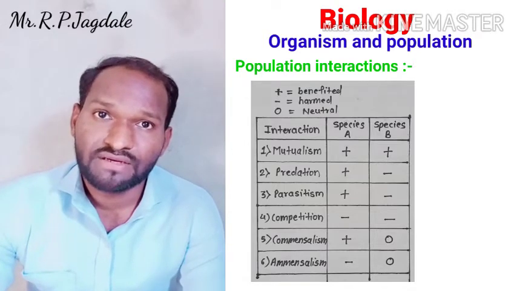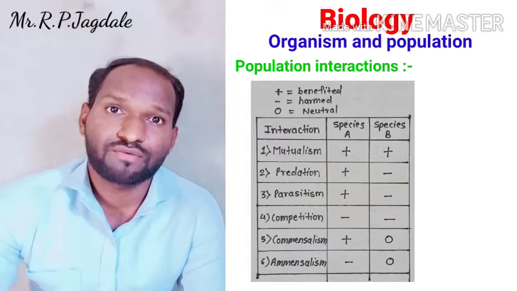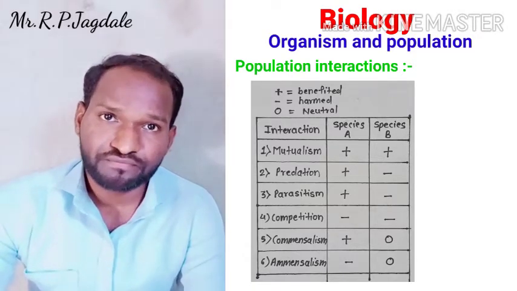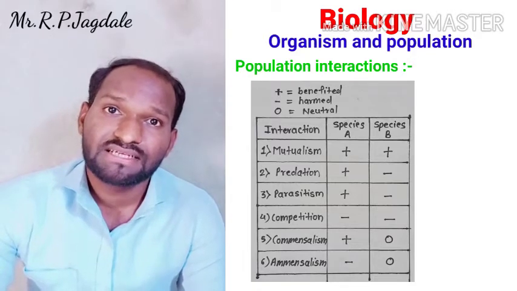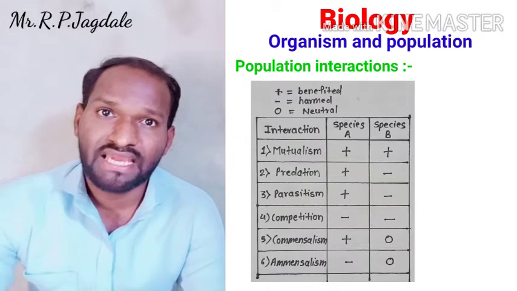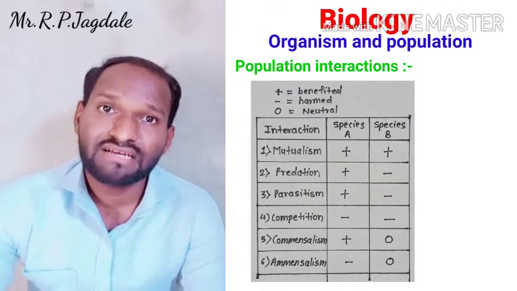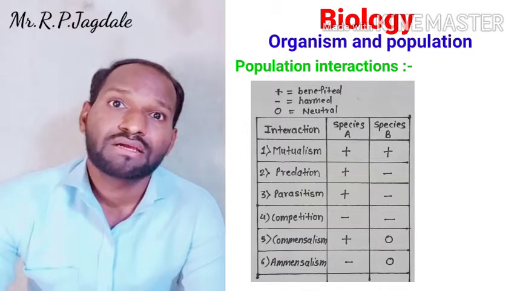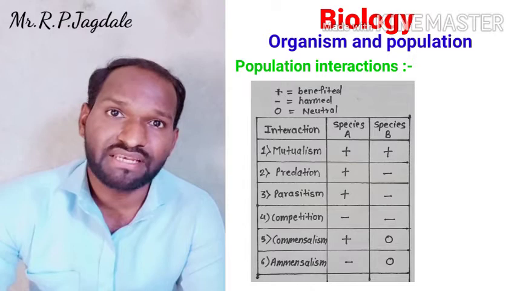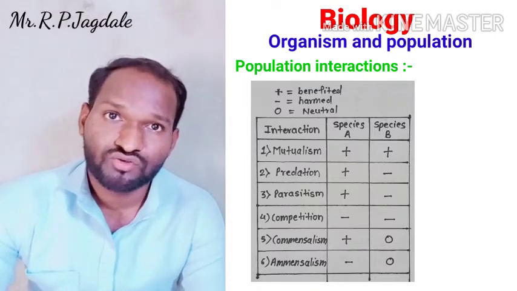We will generally take 6 major types of interactions. First of these is mutualism. In mutualism, both species are benefited, that means species A and species B are benefited. The second one is predation, where one species is benefited and one species is harmed.